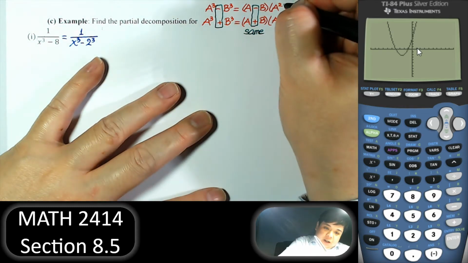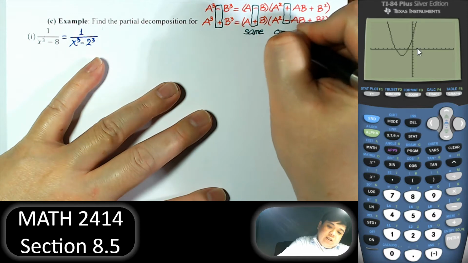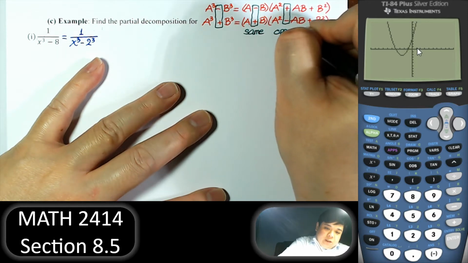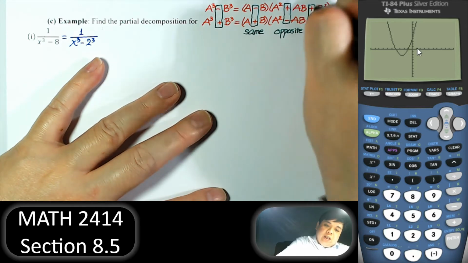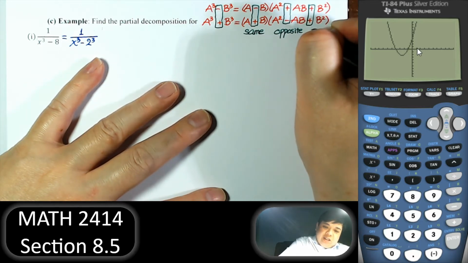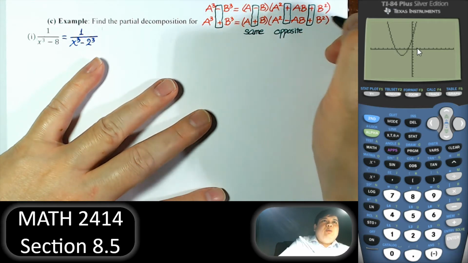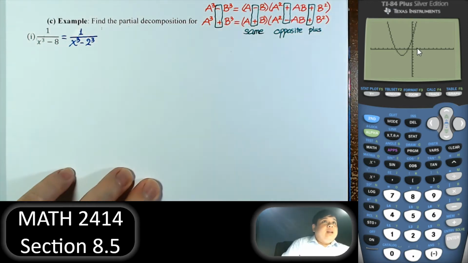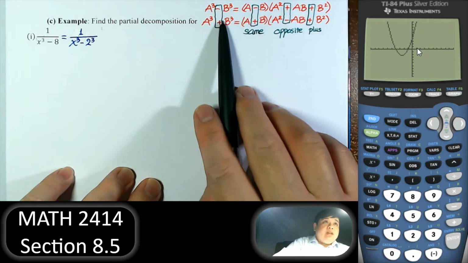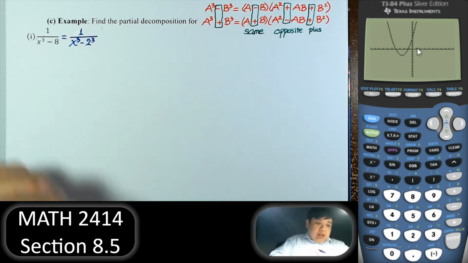The second one is opposite to that. And the last one is always a plus, or positive. So that's the difference and the sum of two cubes.